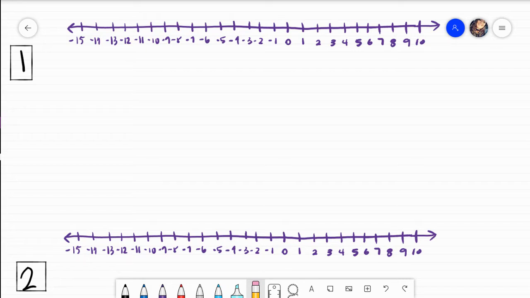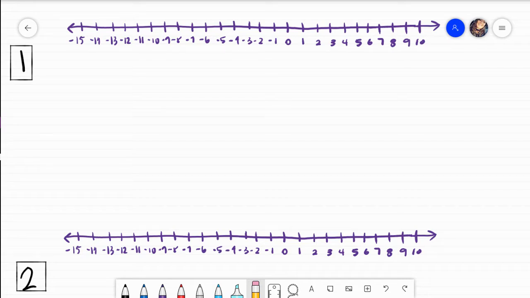Okay, so we're going to finish solving inequalities. For this problem, instead of it just being an inequality where we look at it, graph it, and then write it in interval notation, we're actually going to have to solve the inequality first.